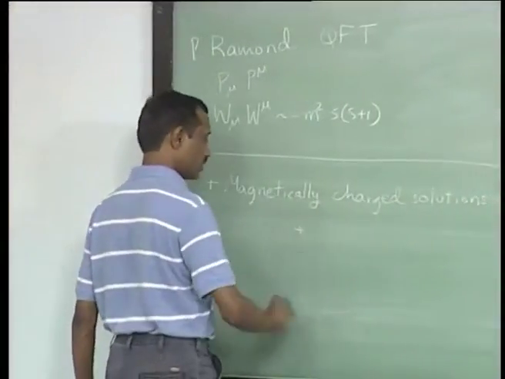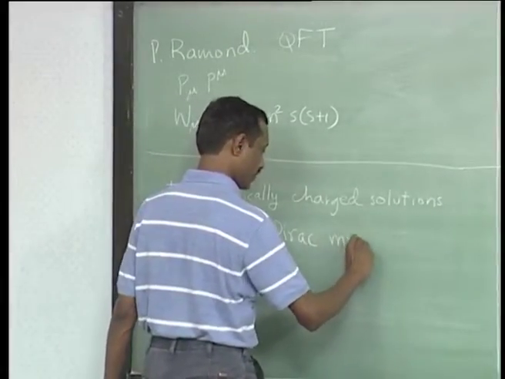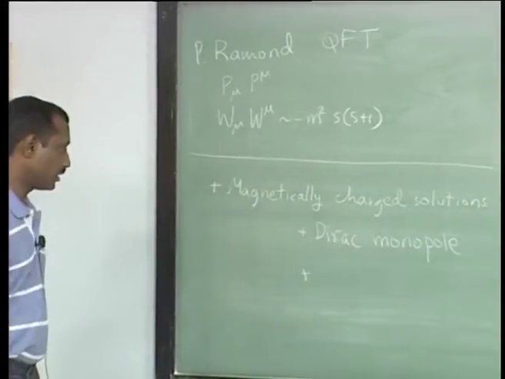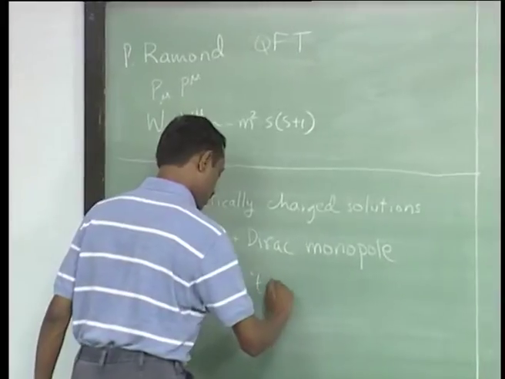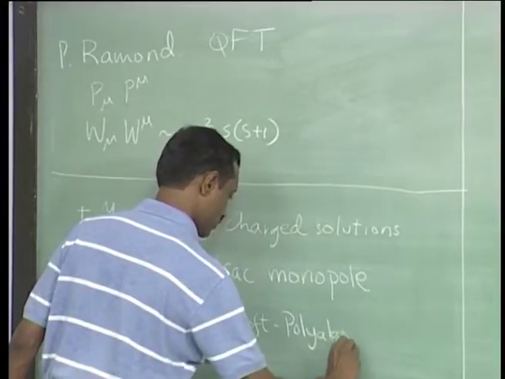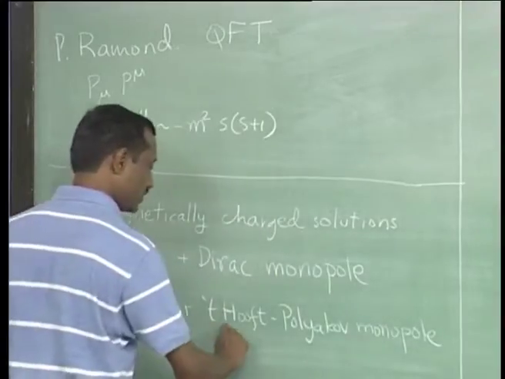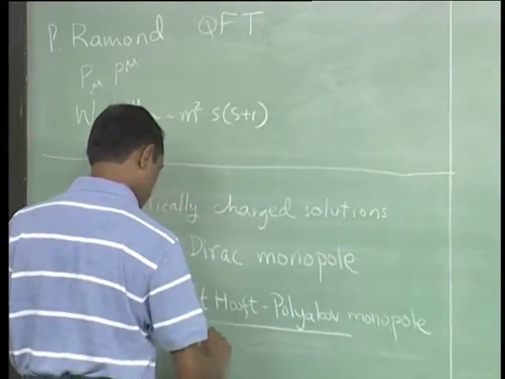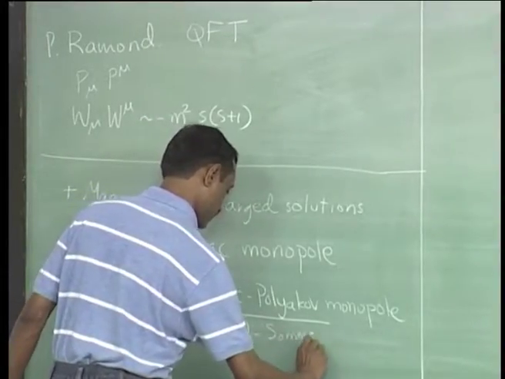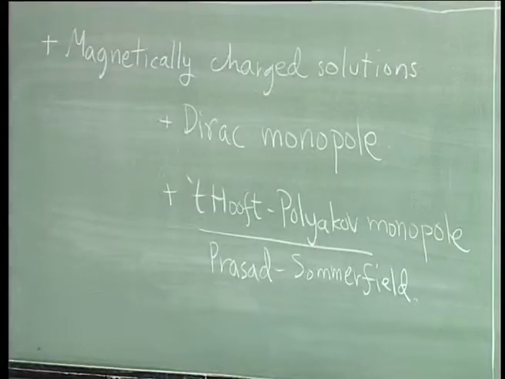One was on the Dirac monopole, and this lecture you could say is related to that, and the next one is I would say on the 't Hooft Polyakov monopole, but I do not do it in their version. It is done in a simplified version, which is due to Prasad and Sommerfeld. Okay, this should take us about a couple of lectures.